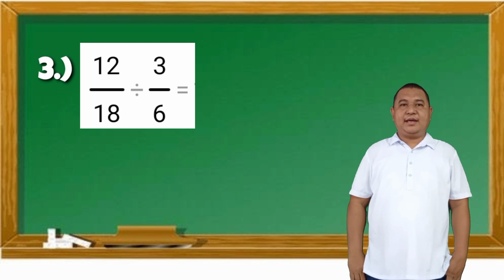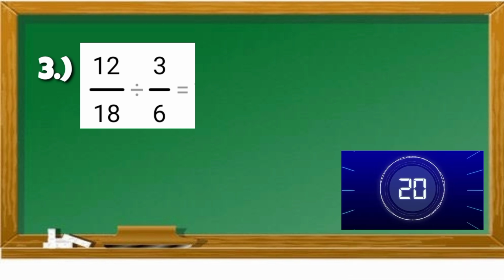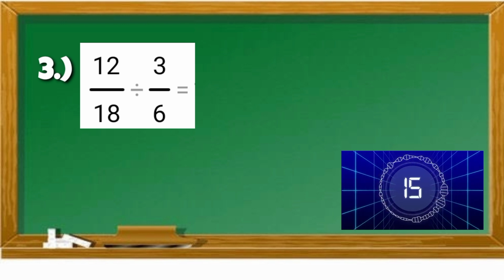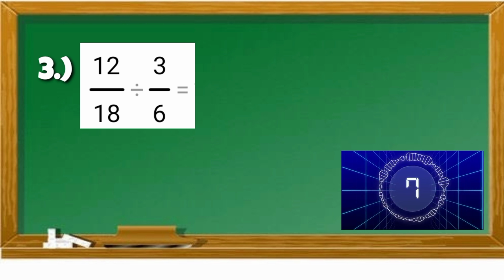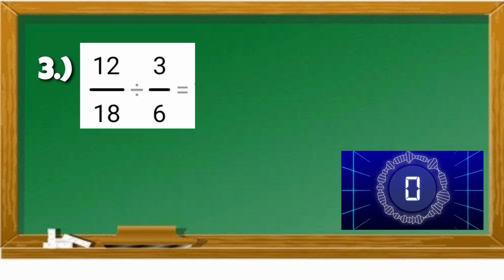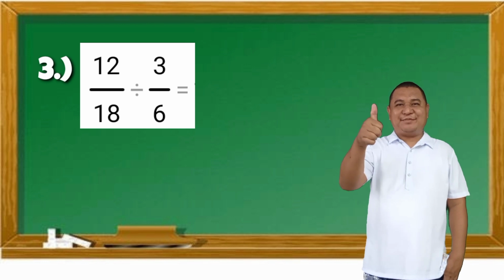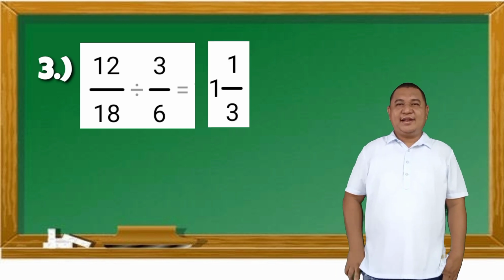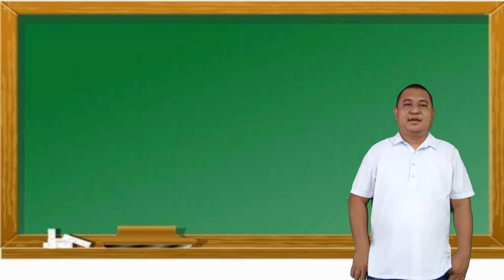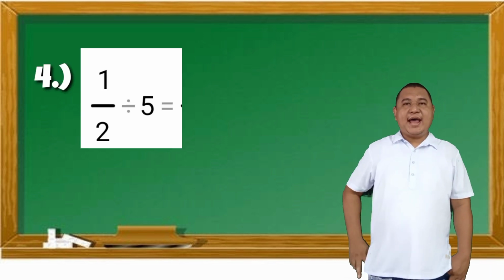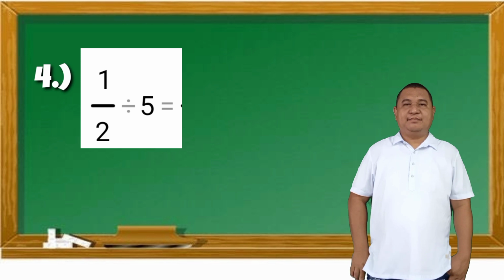Number 3, 12/18 divided by 3/6. Good job! The answer is 1 and 1/3. Number 4, 1/2 divided by 5.